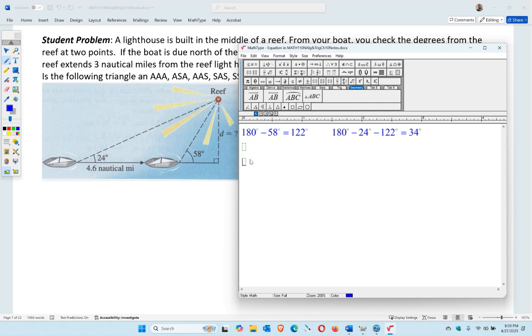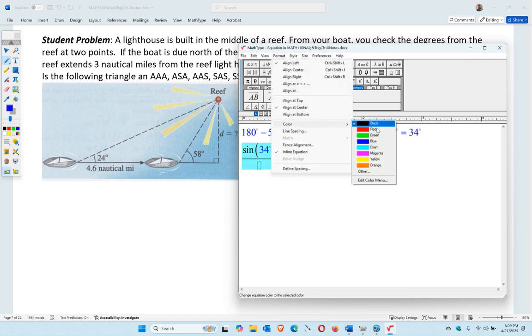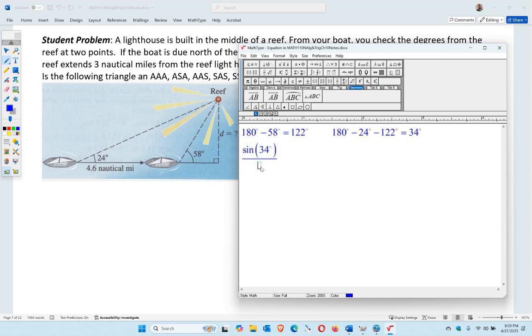Okay, so now we can do our ratio. So we have the sine of 34 degrees to 4.6 nautical miles. In the US system, it's lowercase nmi. International, it's uppercase nm.